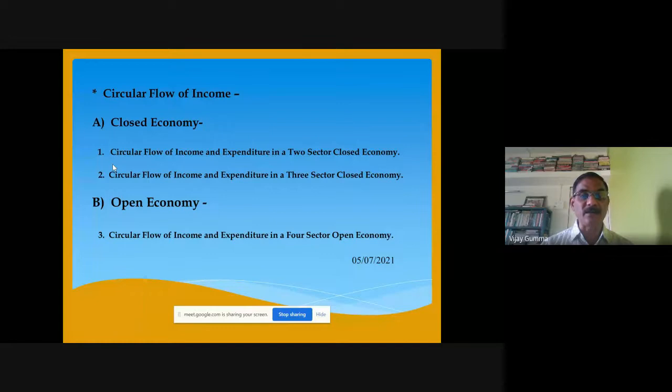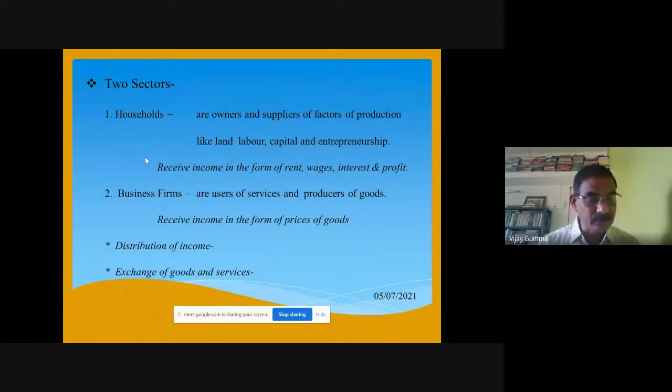The important activities are: one, production of goods and services; two, exchange of goods and services, means buying and selling of goods and services in the commodity market or factor market; three, consumption of goods and services; and fourthly, distribution of income and wealth.